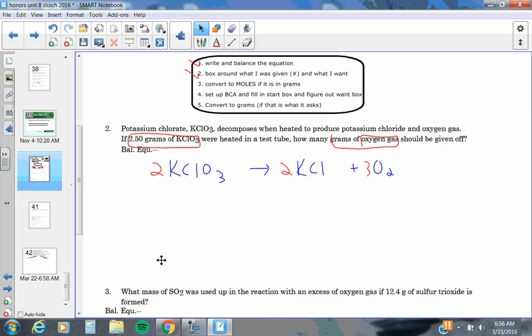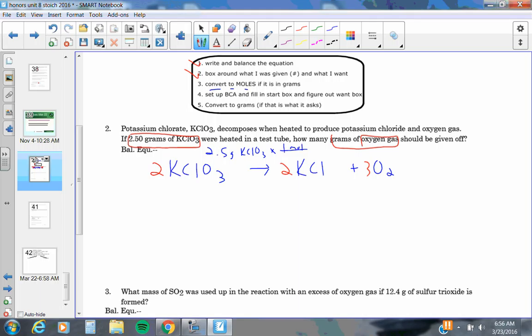Potassium chlorate, I'm going to have to convert that into moles of potassium chlorate. Convert to moles if it is in grams. If I have 2.5 grams of KClO3, I have to figure out how much 1 mole of KClO3 is.